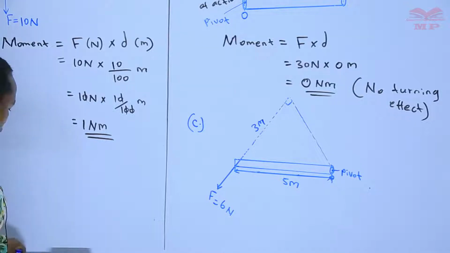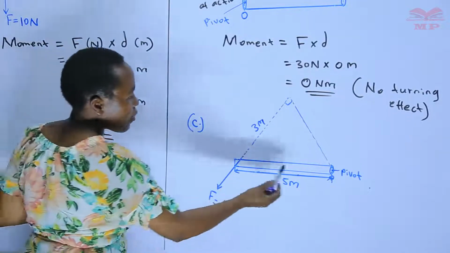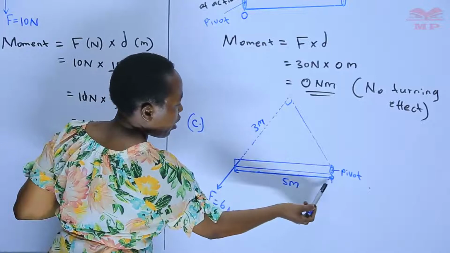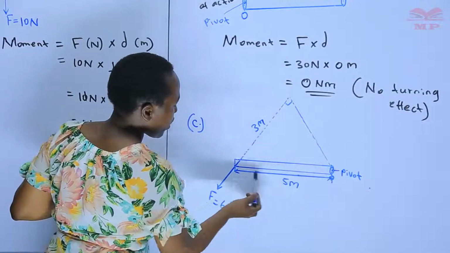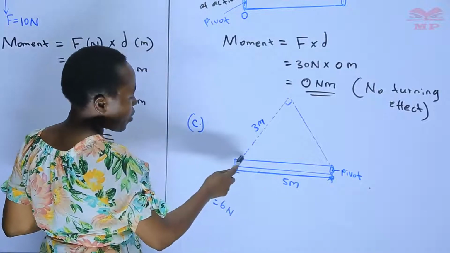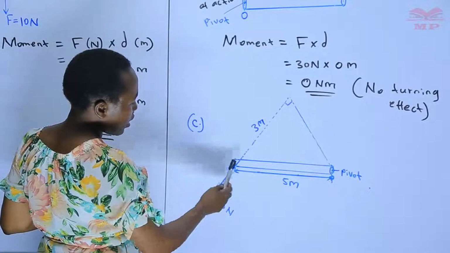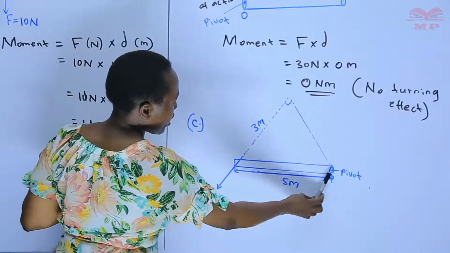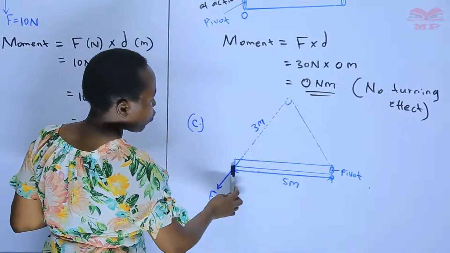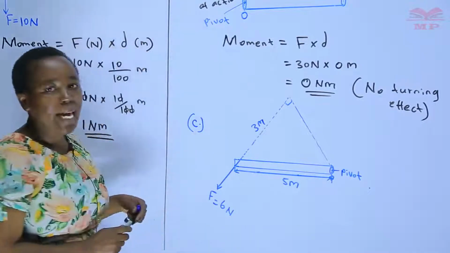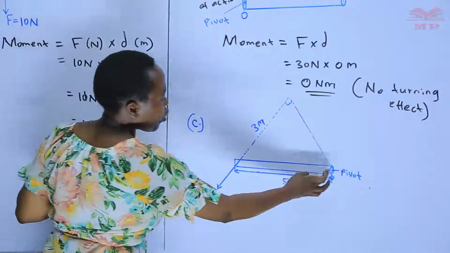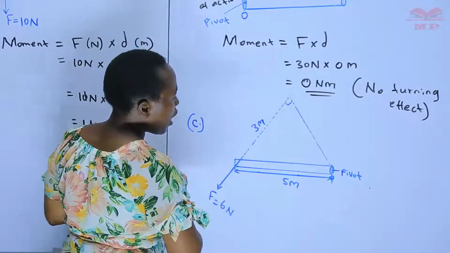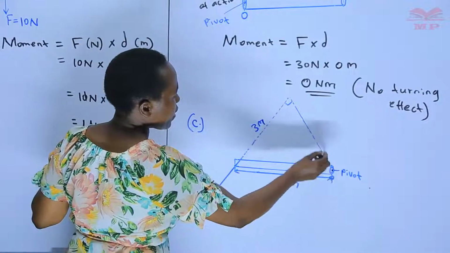So you can see in our case here, we have the point of support here. We have the distance from here to this force, but this force, as you can see, is acting in this direction. So you can see that this distance from here up to here is not the perpendicular distance. From the point of support to the line of action, our perpendicular distance is this.